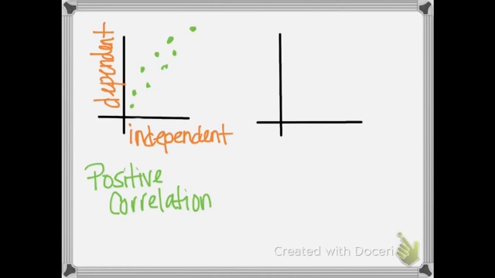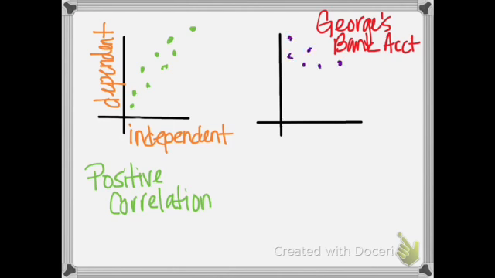Now let's talk about your friend's bank account. Call him George. This is George's bank account. And George, he likes to go to the movies, he likes to eat McDonald's, and he goes all kinds of places. He doesn't make that much money. And so what's happening to George's bank account? It's going down, right?